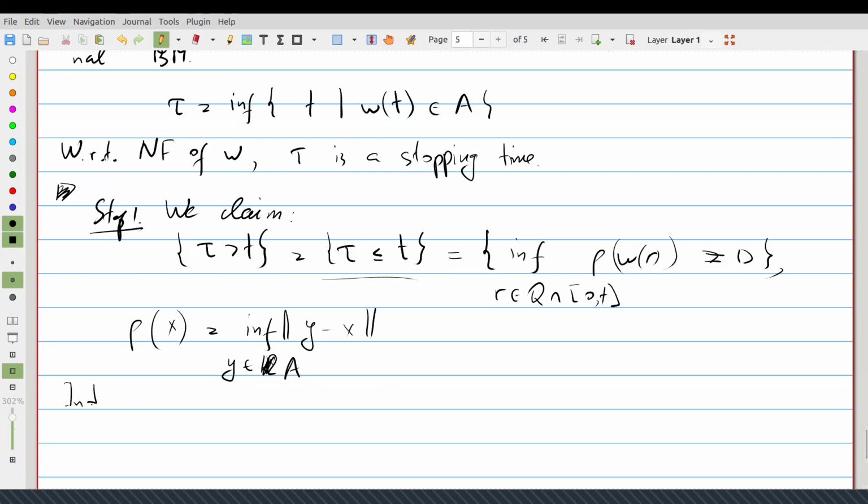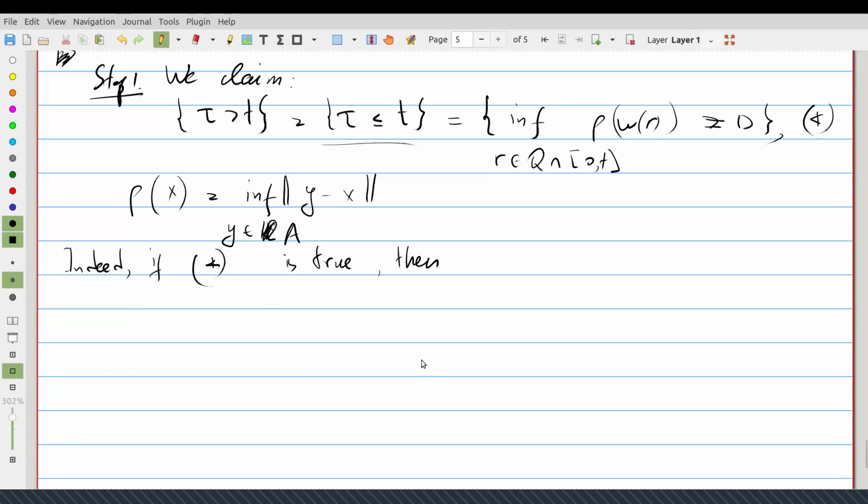Indeed, if this star is true, then instead of the original event, we can consider this event.